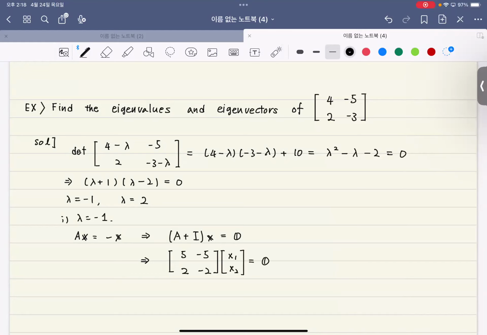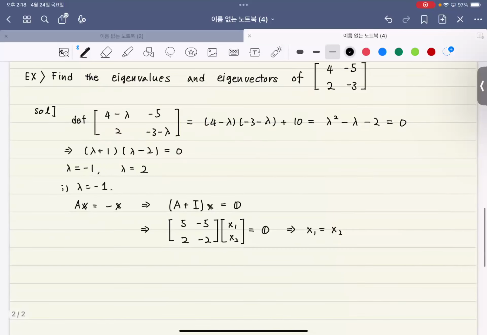Basically, we are looking for x1 and x2 satisfying this equation. Even though it looks like I have two equations, essentially I have only one equation: x1 is x2. So every vector satisfying this relation can be an eigenvector of eigenvalue minus 1.